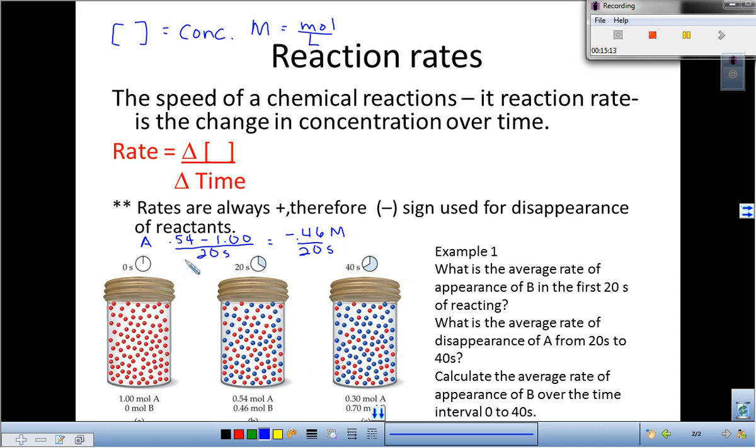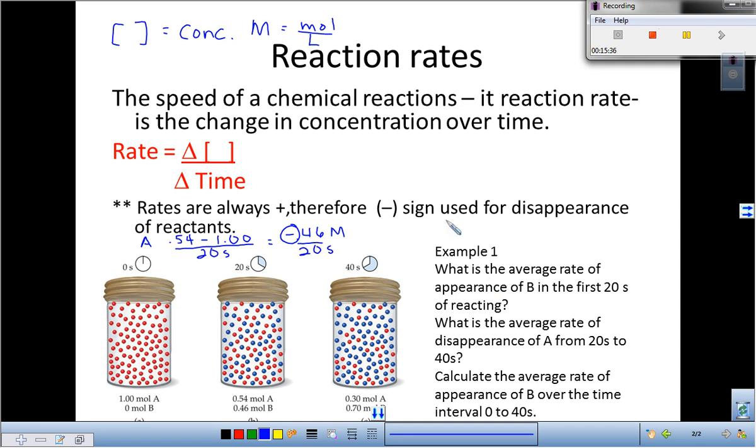From here to here, would it be in moles? No, it's concentration, molarity. From here to here, A went from 1 to 0.54, and it was 20 seconds. Why does it have a negative sign? Because it decreased, because the reactant is disappearing.